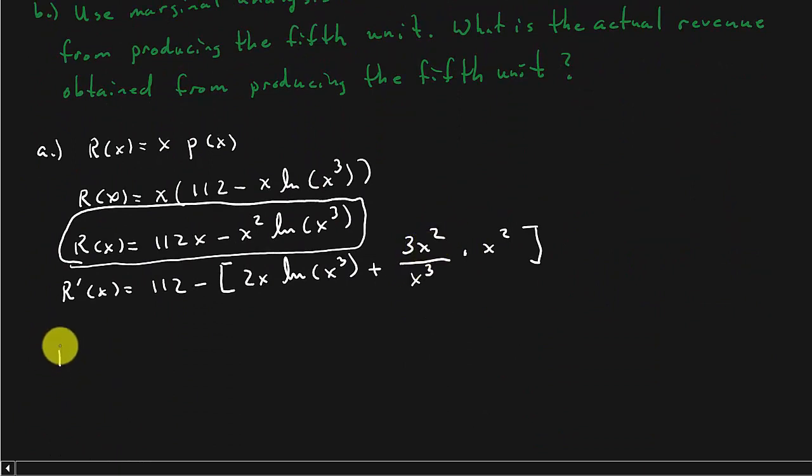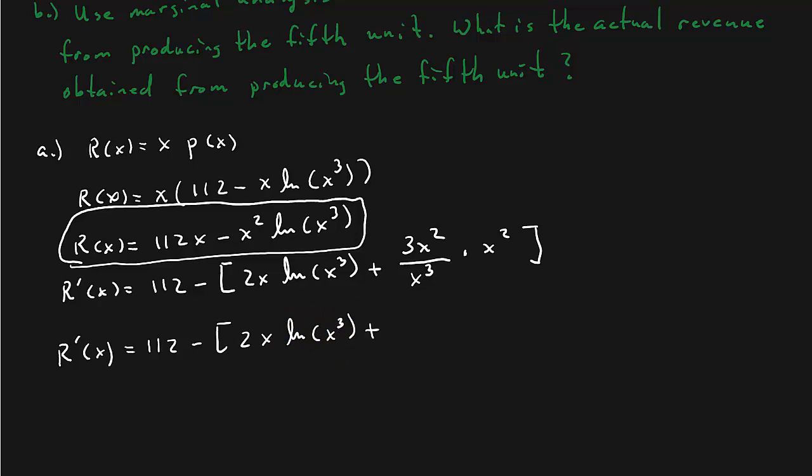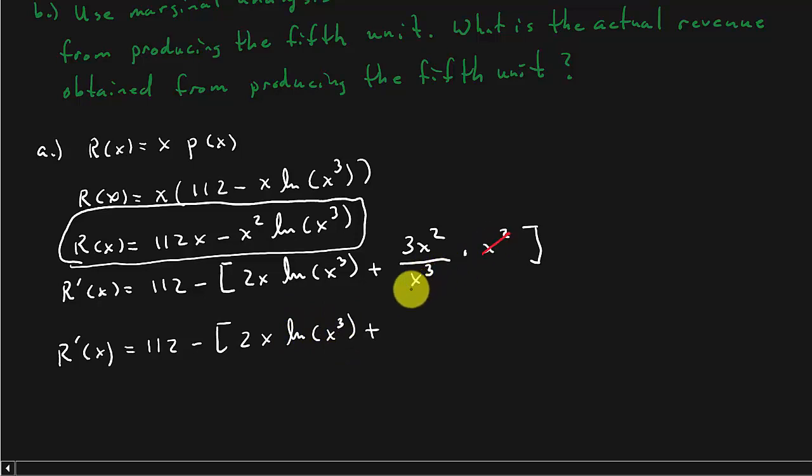And so now I get r prime of x is equal to 112 minus 2x natural log x cubed plus, and now let's start canceling things out. So this x squared and this x cubed cancel. I'm left with x to the first. And then this x to the first and this x squared cancel, and I'm left with x to the first.